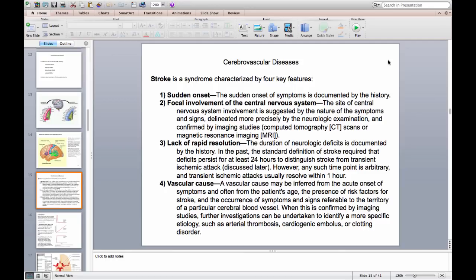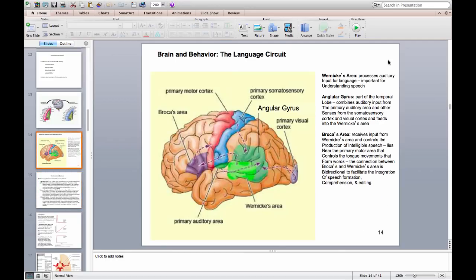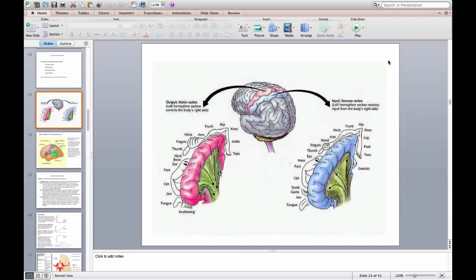Now, when we look at functions that can be affected, you can have lots of functions affected depending on what vessel is occluded and what part of the brain has suffered ischemic damage.